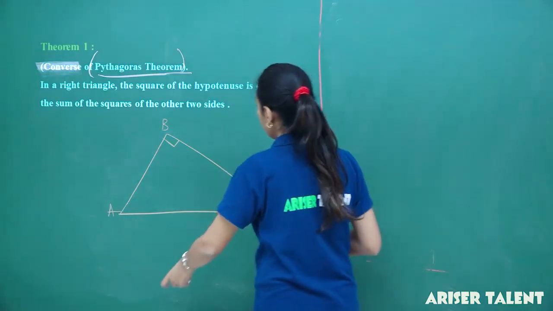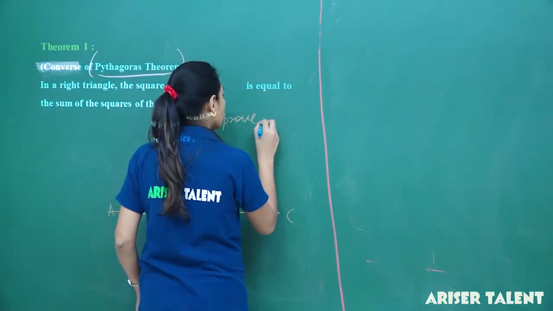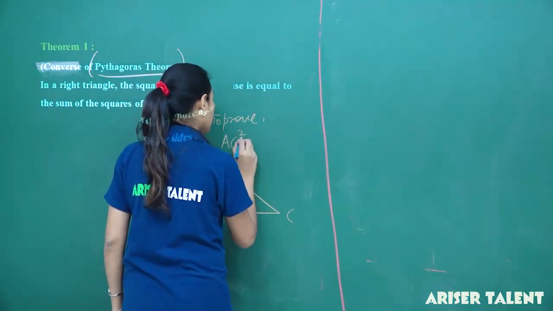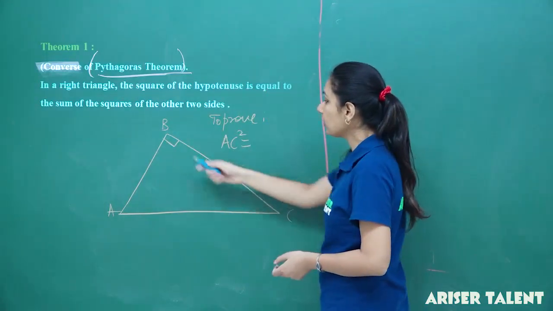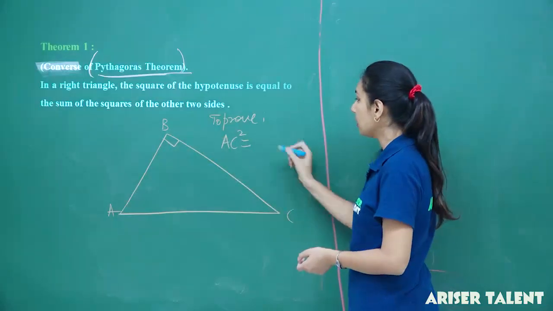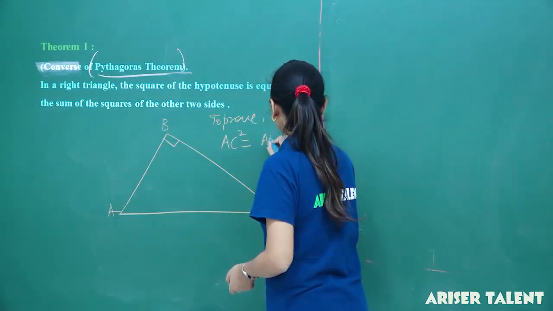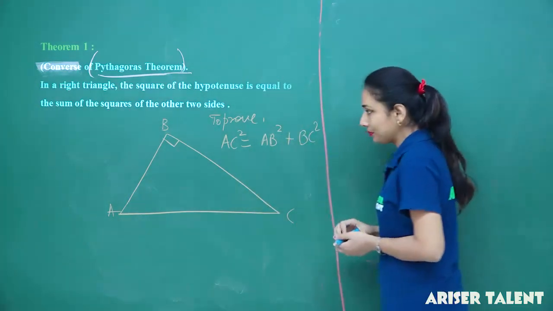We have to prove that this AC square is equal to what? The sum of the squares of the other two sides, AB and BC. So the sum will be AB square plus BC square.